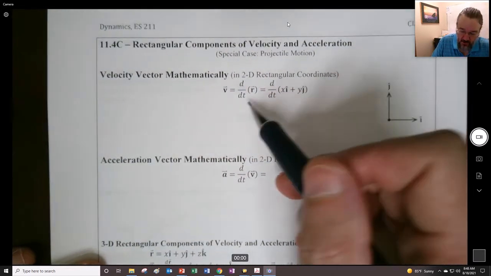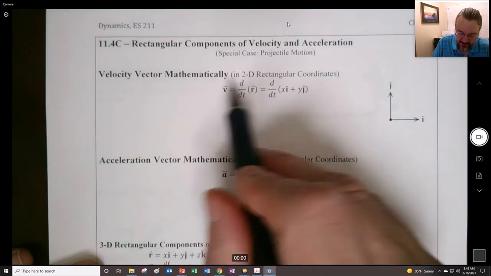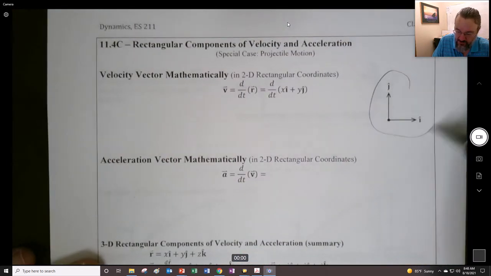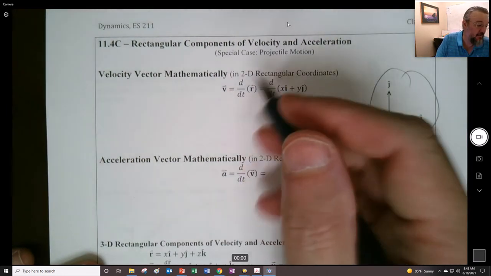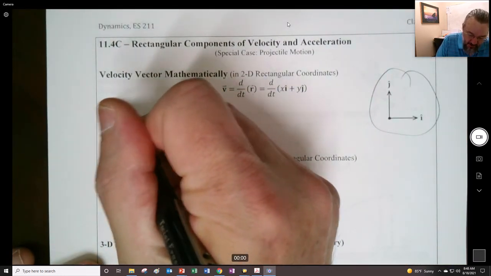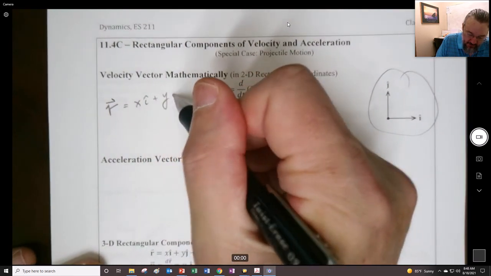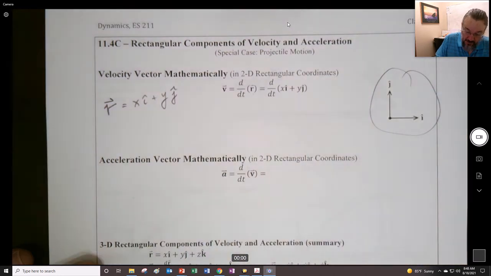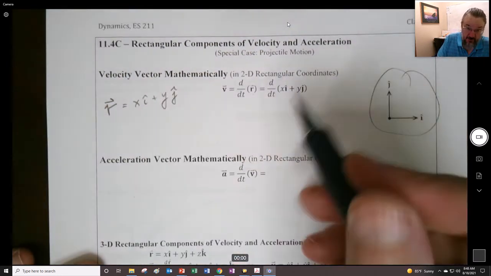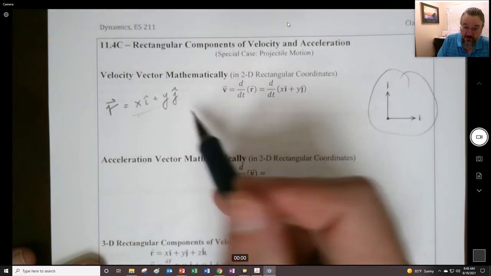Okay, so if we say that we have the velocity, right? We know the velocity in 2 dimensions. We're going to stick with 2 dimensions right there. Of a position vector, right? And the position vector, you'll recall, is just going to be the coordinates of the location of the thing, right? Well, the location of the thing is going to change with respect to time. So we need to take the derivative of this.